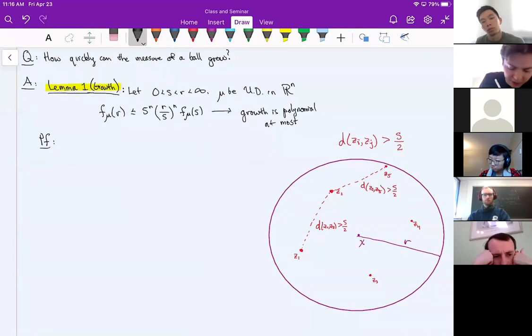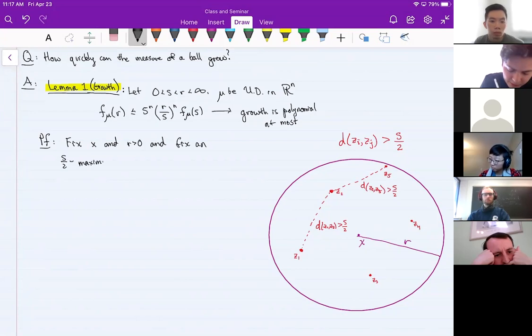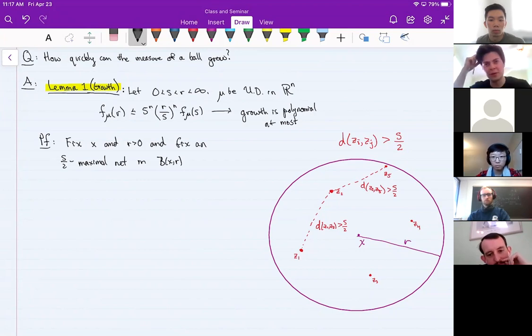Okay, and so what's a proof of this fact? Well, I'll fix x and r greater than 0, and fix what's called an s/2 maximal net in B(x,r). Okay, so what's a maximal net? It's this thing I've drawn in the picture to the right.